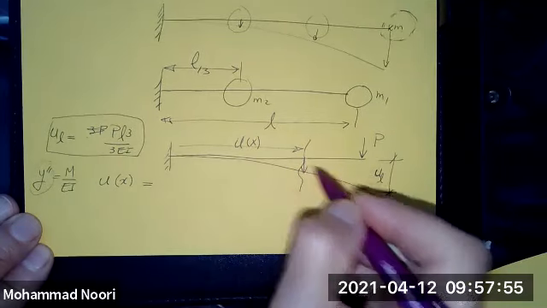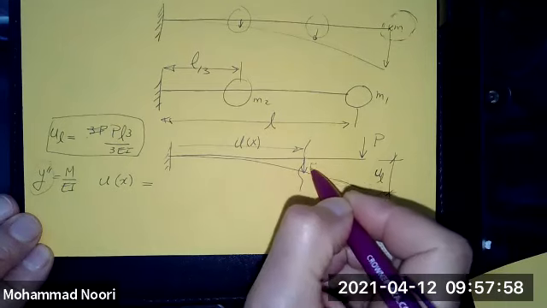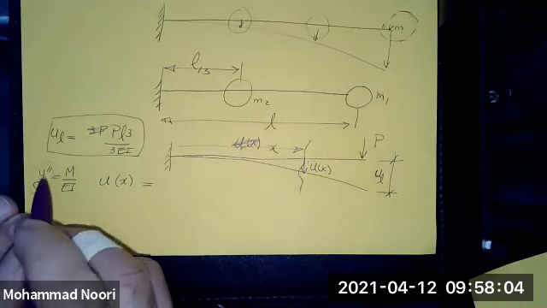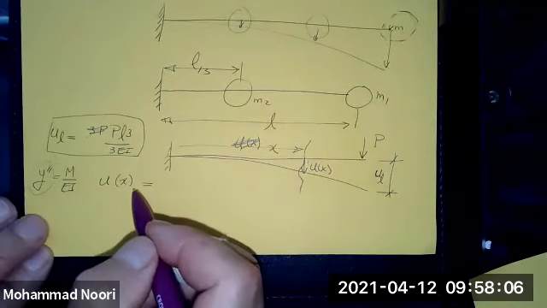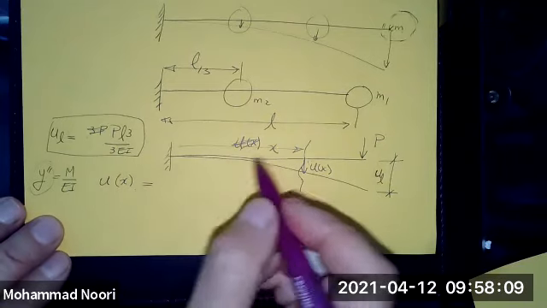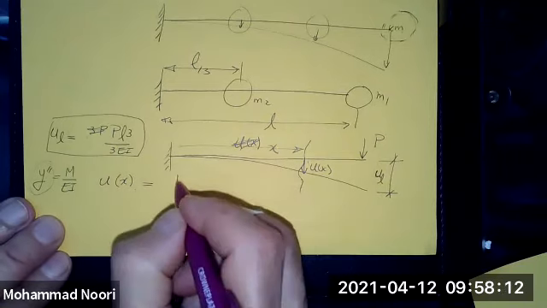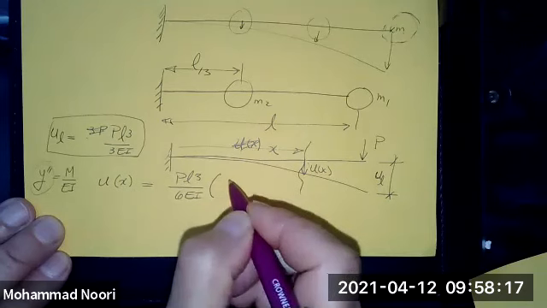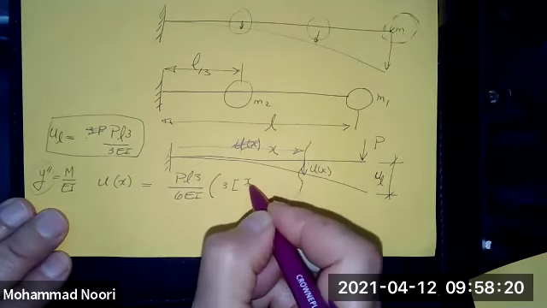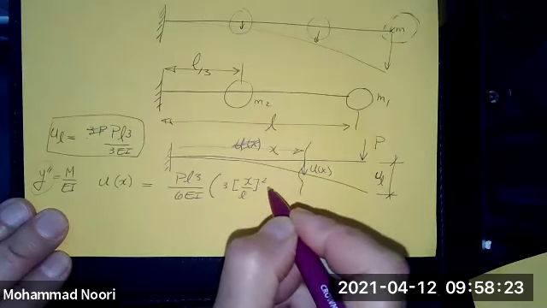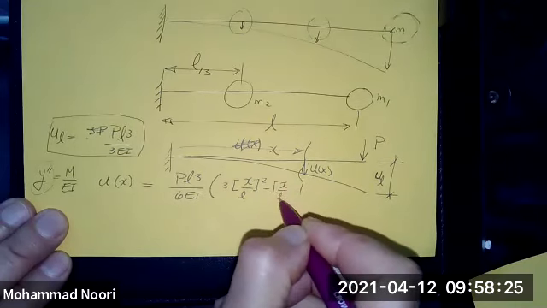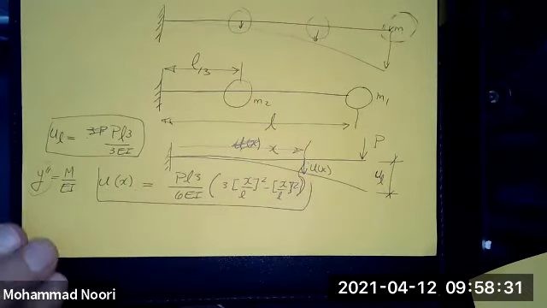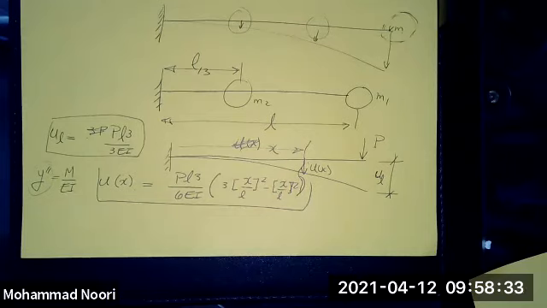In other words, what you're going to find is this U at X, right? So this is X. You want to find this, which is that Y double prime in strength of material. You derived this equation before. That was P L cubed over 6 E I times 3 X over L squared minus X over L cubed. If you go back and check this formula in strength of material, you see that's what it is.